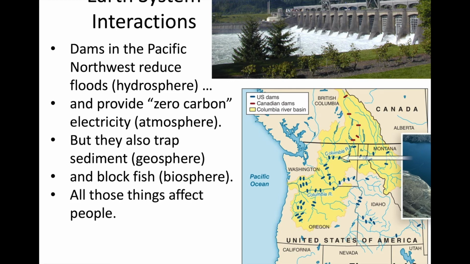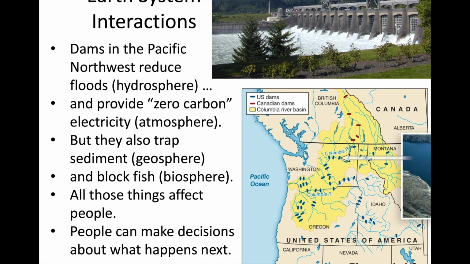And of course, people are affected as they use the navigation system and power supply, are less exposed to flood risks, but are also less able to sustain natural salmon populations. This is an example of how effects can cascade from one system to another. A seemingly simple decision like, let's build a dam to decrease flooding, ultimately affects multiple Earth systems.